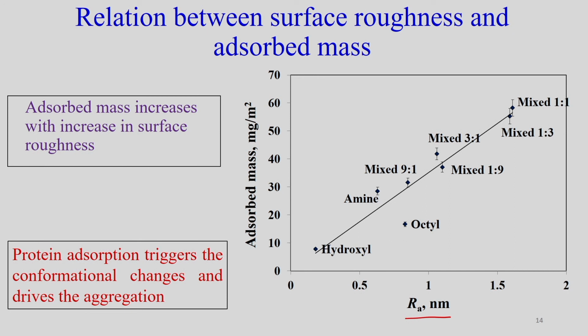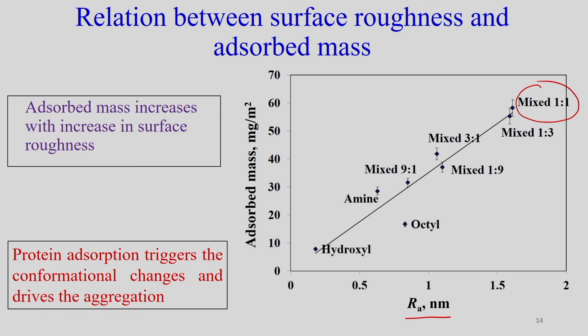So, it followed a linear trend, which says if we increase the roughness, there is an increase in the adsorbed amount of the insulin. And if you remember, the maximum roughness was for the mixed 1-1 SAM, and we got the maximum adsorbed amount, about 60 milligram per meter square. So, we can say that adsorbed mass increases with increase in the surface roughness.